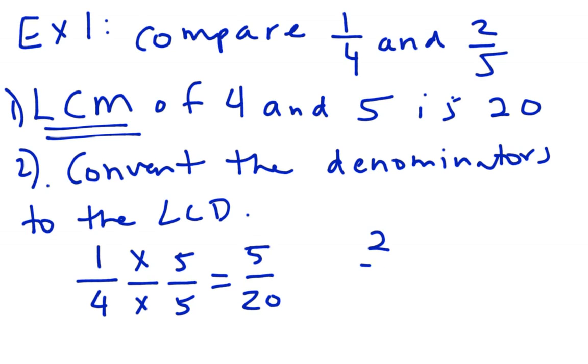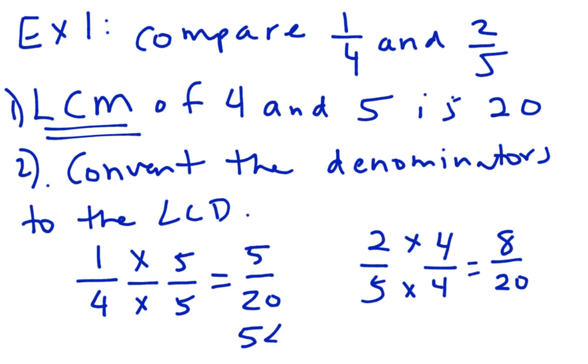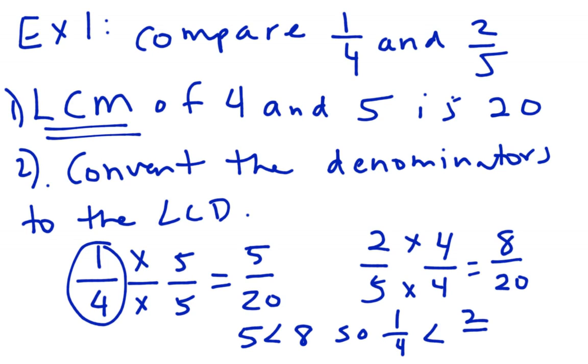And then 2/5, we have to multiply by whatever number gets us from 5 to 20, which is 4. And that's going to give us 8/20. So to conclude, we can say that 5 is less than 8, so we know that the first fraction we started out with is the smaller one, so 1/4 is less than 2/5.